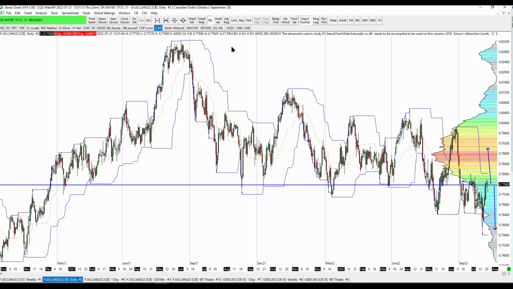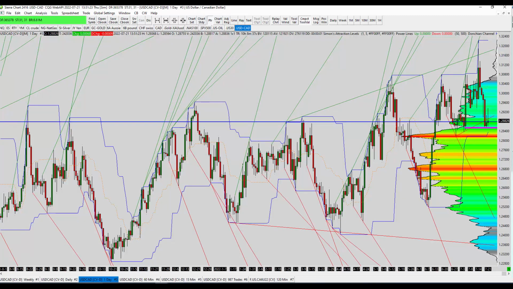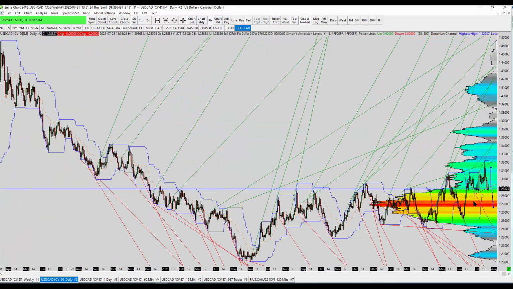That being said, USD CAD is the same way, but completely the opposite. Notice the USD in this case is the main currency. So if I'm looking at the daily chart, it's exactly the same way, but it goes the opposite. Same trading style, same trading method, but it goes opposite because the Canadian dollar in this case is the secondary currency.